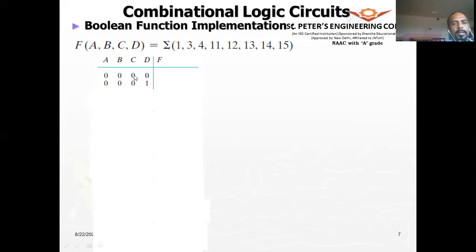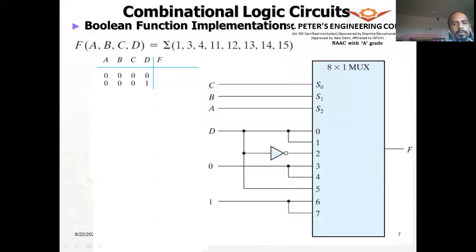That means the input data I0 should be equal to d, as we can recall from the previous example. When a, b, c are zeros and d is 0, f is 0. When d is 1, f is 1. So the first function would be f equal to d.